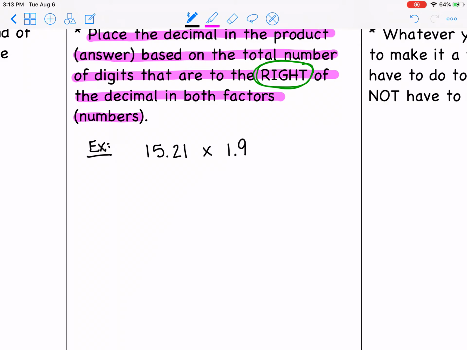So I'm going to take my first number, 15 and 21/100, and then I'm going to write my multiplication sign, and then immediately I'm going to write 1 and 9/10. Now, you can see the decimals do not line up, and that's okay.